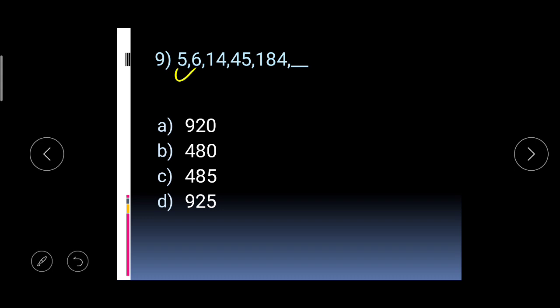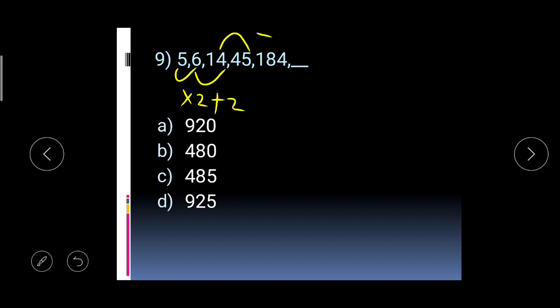Okay, 5 to 6, it's more than just 1. Okay, if I see 6 and 14, can I say it is double and adding 2? Can I say this? Okay, let's see next.